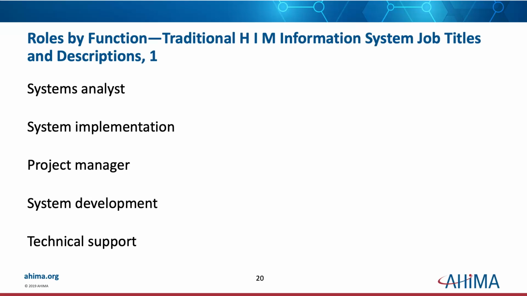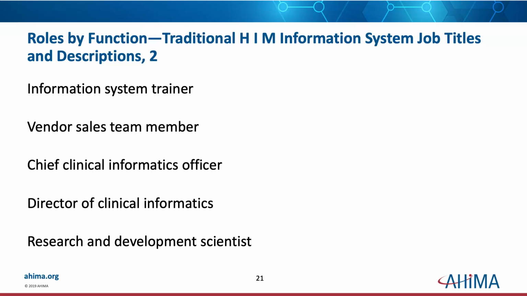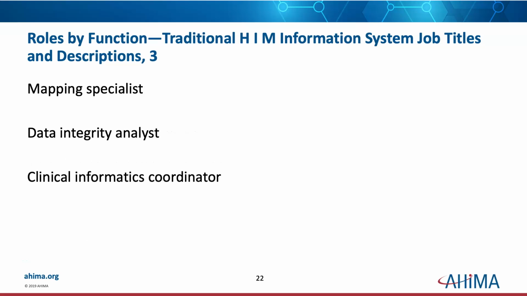These are traditional HIM information system job titles and descriptions: system analyst, system implementation, project manager, system development, technical support, as well as information system trainer, vendor sales team member, Chief Clinical Informatics Officer, Director of Clinical Informatics, Research and Development Scientist, Mapping Specialist, Data Integrity Analyst, and Clinical Informatics Coordinator.